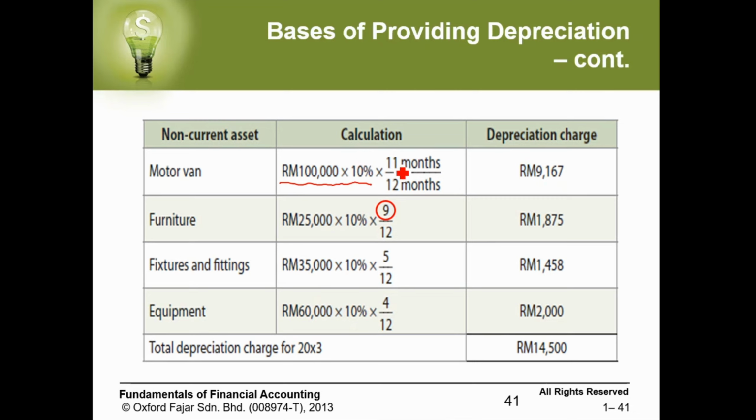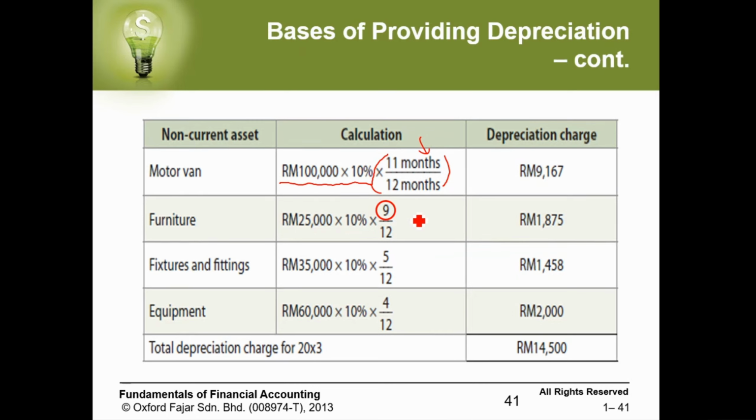But if we are taking a month-to-month basis, we also have to multiply by the number of months held. So 11 months divided by 12, which means we are dividing the depreciation into 12 months, and taking only 11 months of that amount because we used that asset only for 11 months.